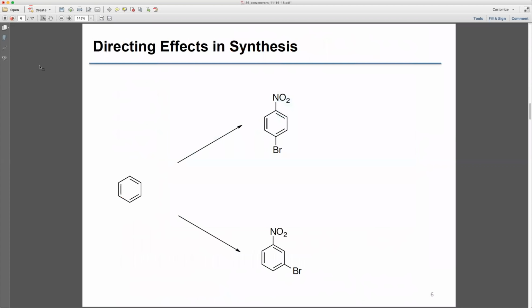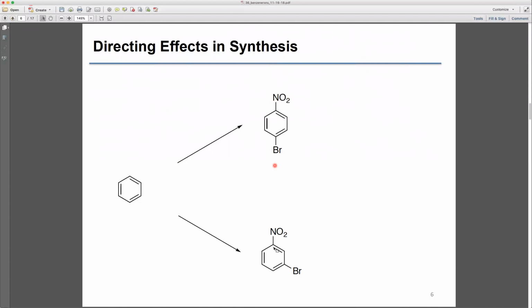All right, now let's look at this. This is part of what I think is so cool about this unit. All right, so how do we take benzene and make para-bromonitrobenzene or meta-bromonitrobenzene? Can anyone think or jot down, if you're taking notes, of how you might carry out these two syntheses? So we've got two groups on there.